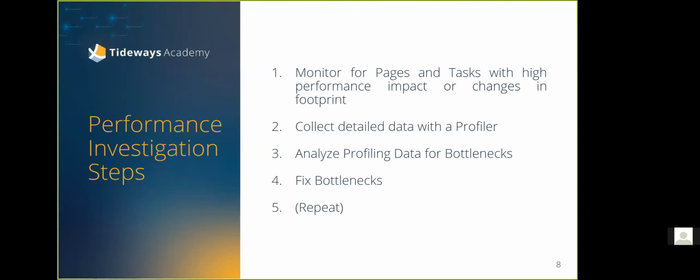Because for a Shopware shop, often a lot of the code that is executed is not actually written by yourself, but is already provided to you by external parties like Shopware or a plugin author. So you start this cycle of communicating with them or suggesting fixes to them to improve the performance. And this is what we did together with Radonline. And then you repeat this cycle to get better and better.